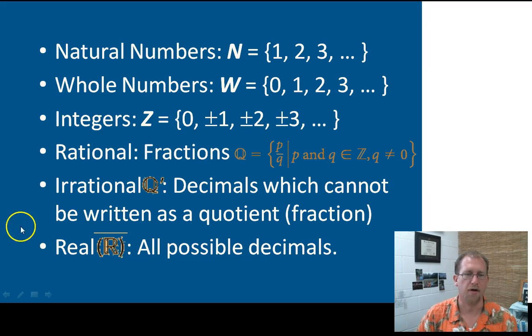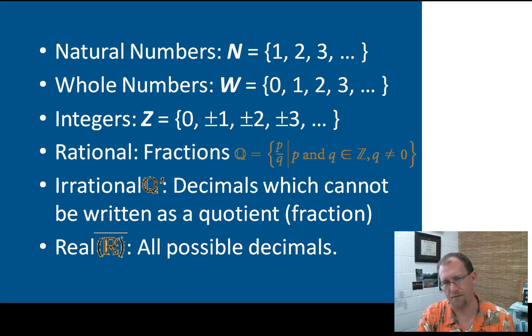So some number over some number, and that is represented by Q. That's a rational number. Irrational numbers are the complement of that: anything that is not able to be expressed with a quotient or with a fraction. And so this would be numbers that are some decimal value that doesn't lend itself to being expressed as a quotient. Non-repeating, non-terminating decimals.